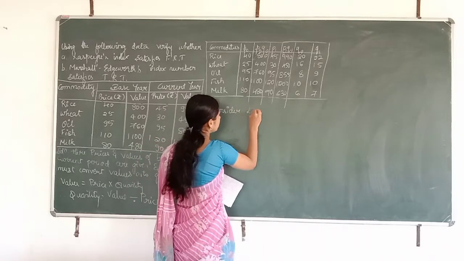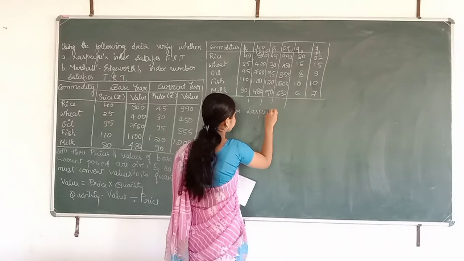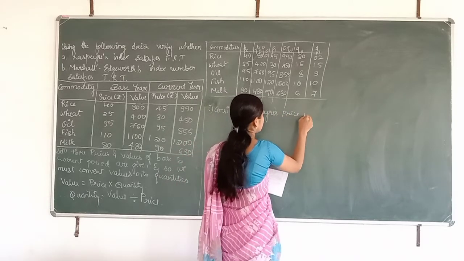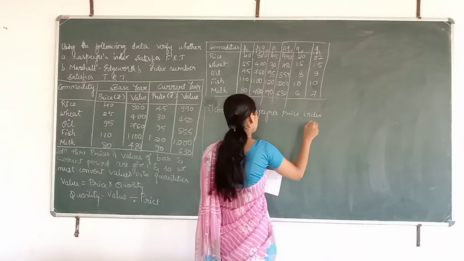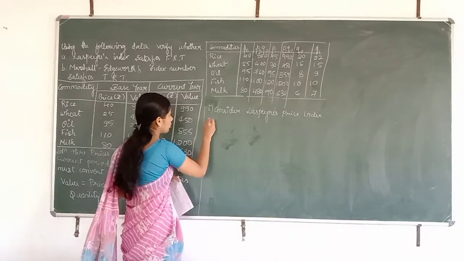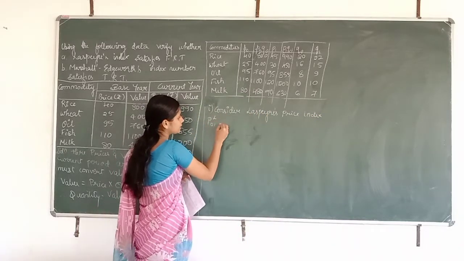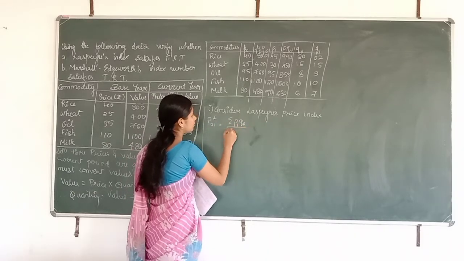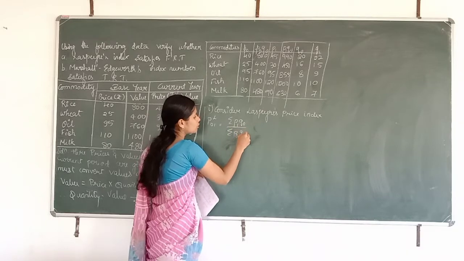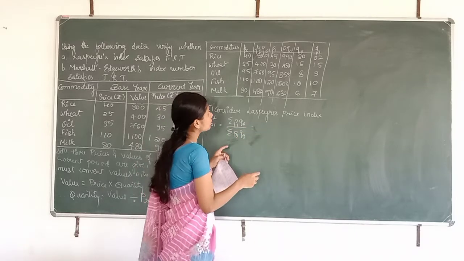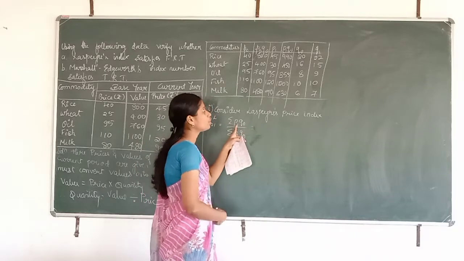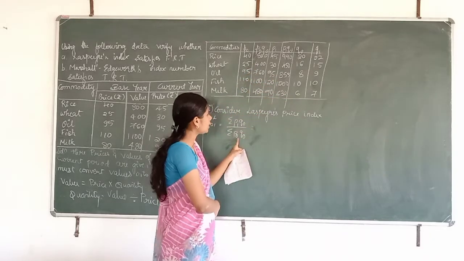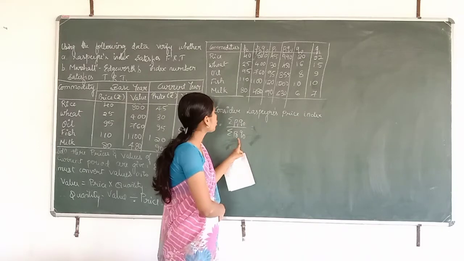The formula is P01L equal to summation P1 Q0 divided by summation P0 Q0. P1 Q0 is not there, so first we have to calculate P1 Q0, then the P0 Q0 total.